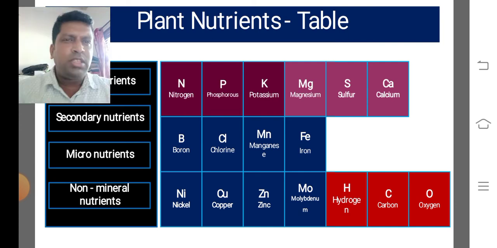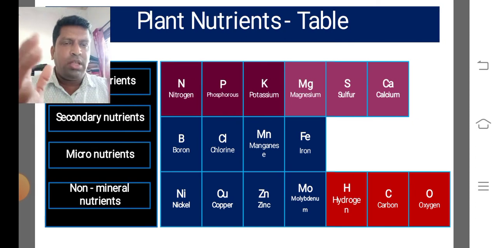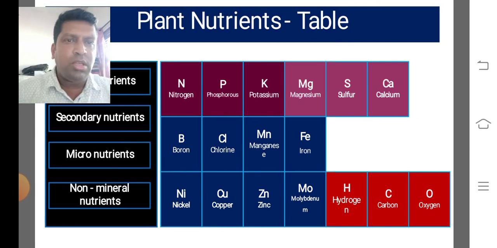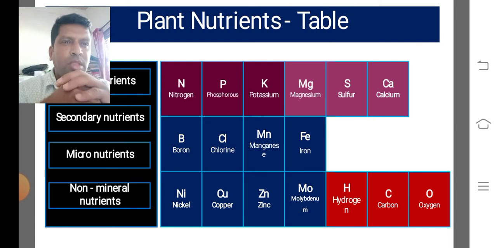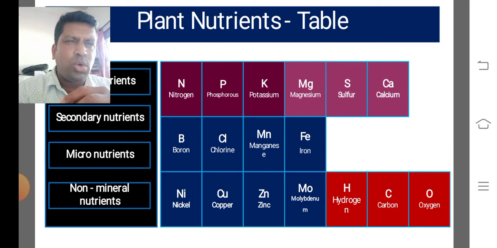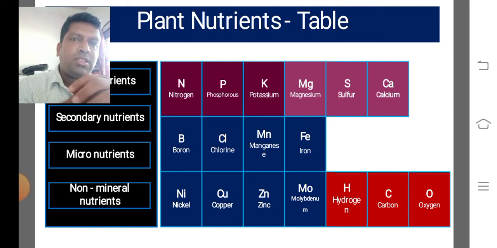Three nutrients: nitrogen, potassium, and phosphorus. It is abbreviated as NPK. So these constitute macronutrients. These are the nutrients required by the plants in larger quantities. So they are called as macronutrients. The secondary nutrients include magnesium, sulfur, and calcium.